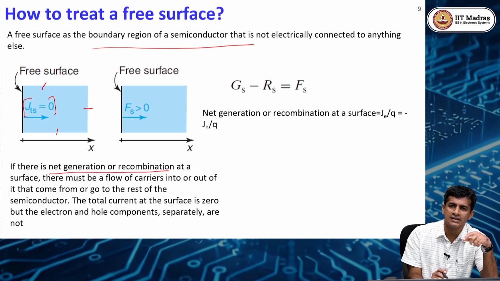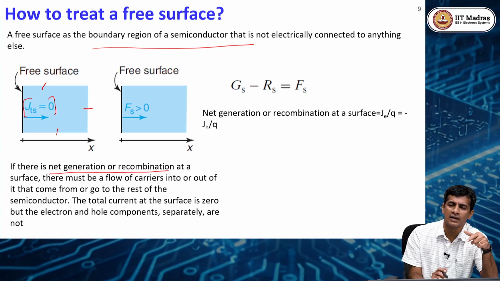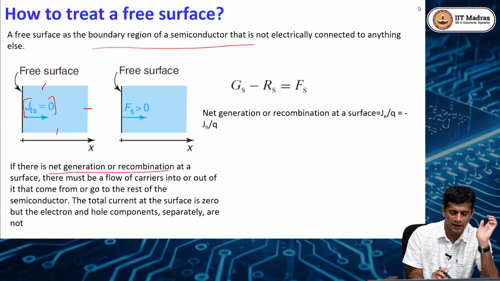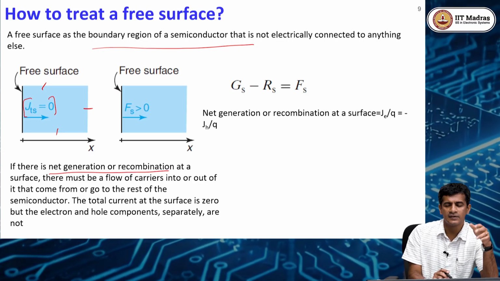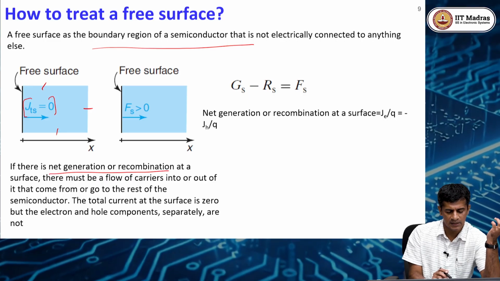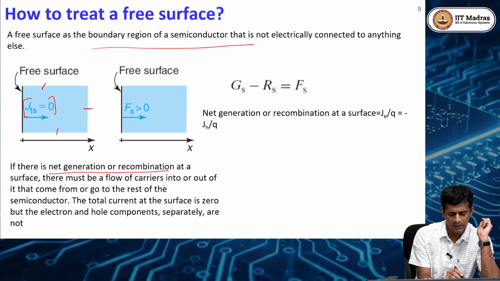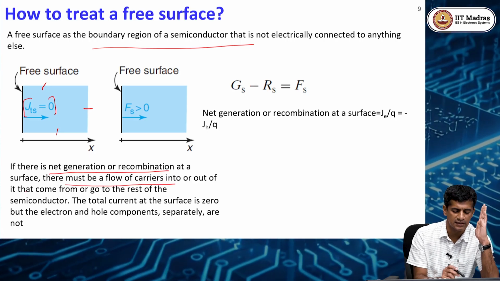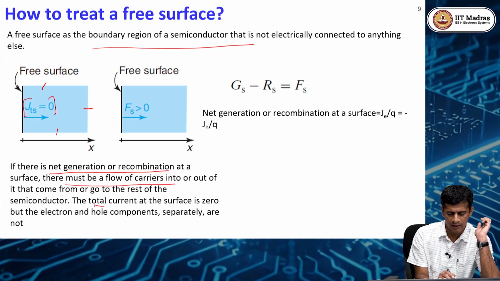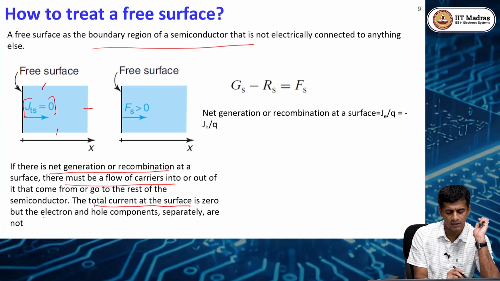We will see later how there can be a recombination. That depends. Let us assume that if there is some generation or recombination happening here, there must be a flow of carriers into and out, that is happening, but the total current at the surface is still 0.